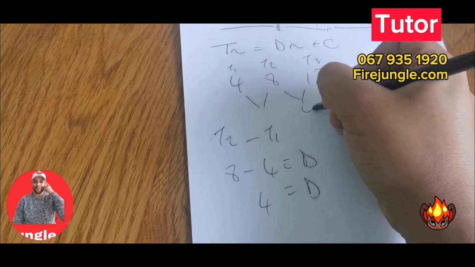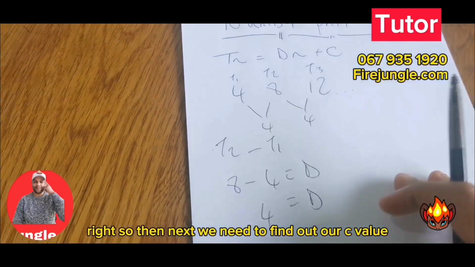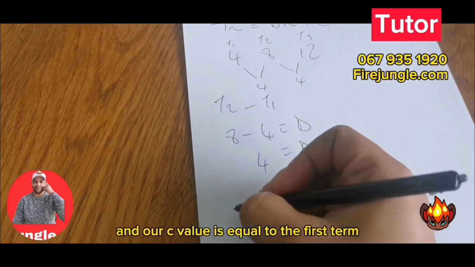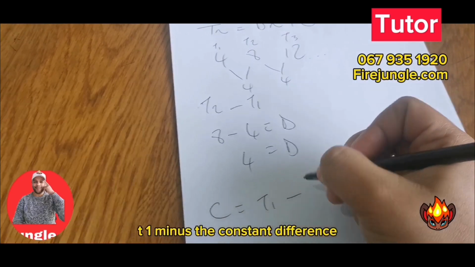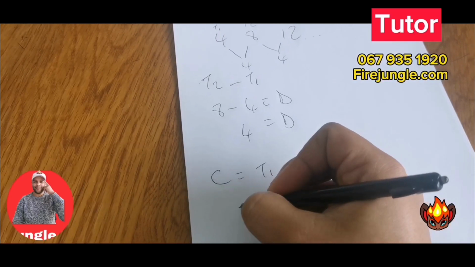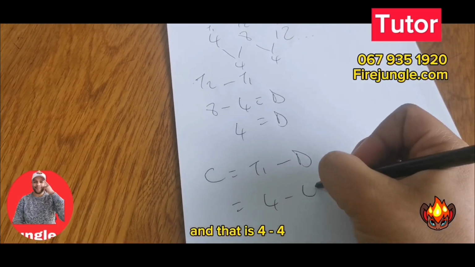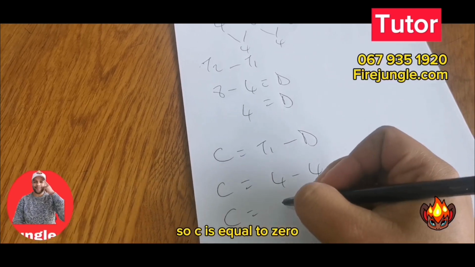Each term has a difference of 4. Next we need to find our C value, and our C value is equal to the first term, T1, minus the constant difference, which is D. That is 4 minus 4, so C is equal to 0.